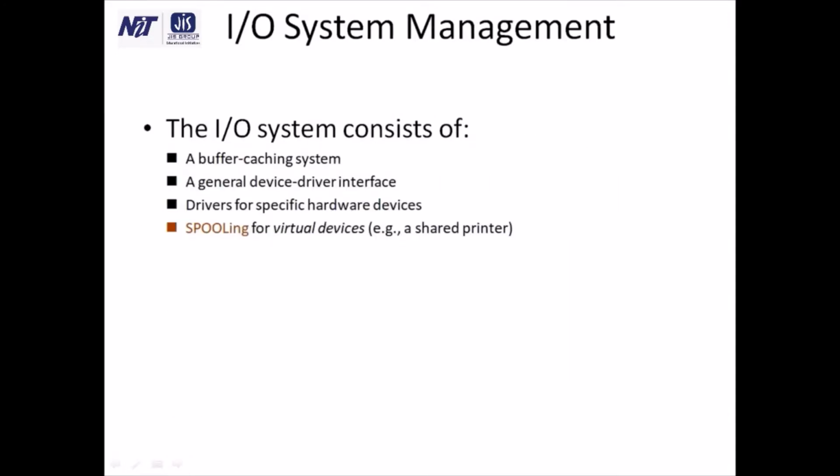And IO system management: the IO system consists of a buffer cache system, a general device driver interface, drivers for specific hardware devices, and simultaneous peripheral operation online, or virtual devices.